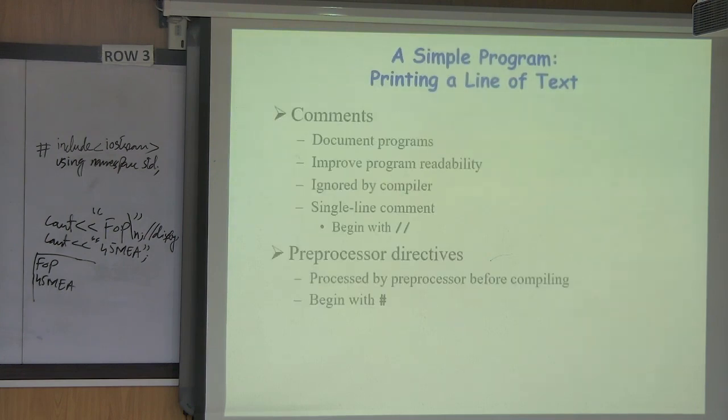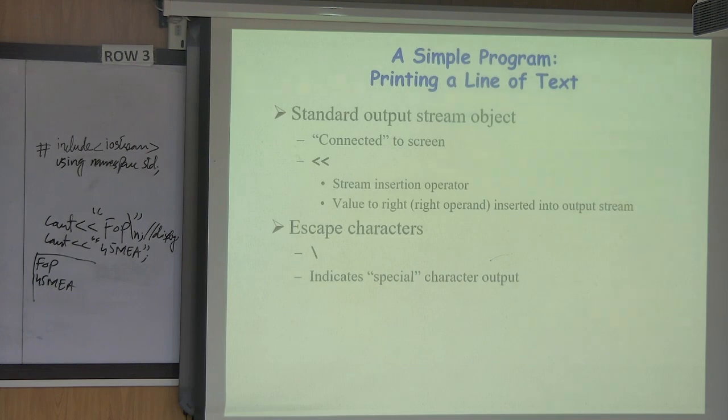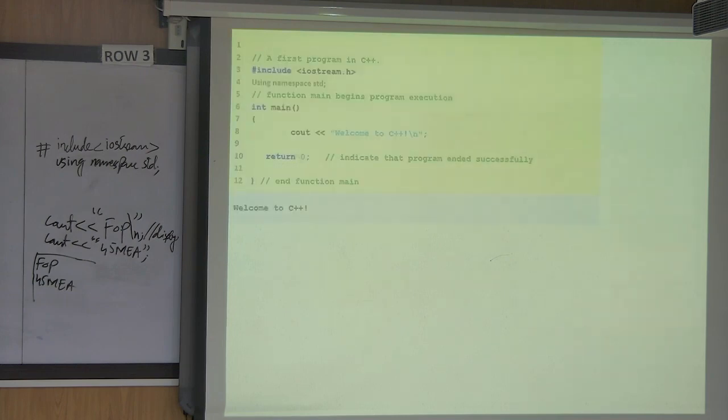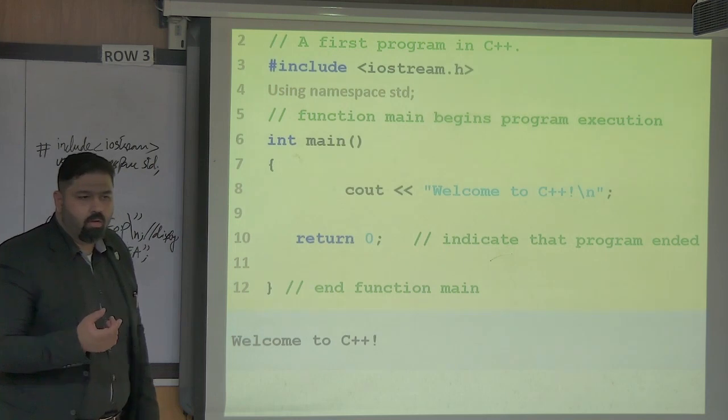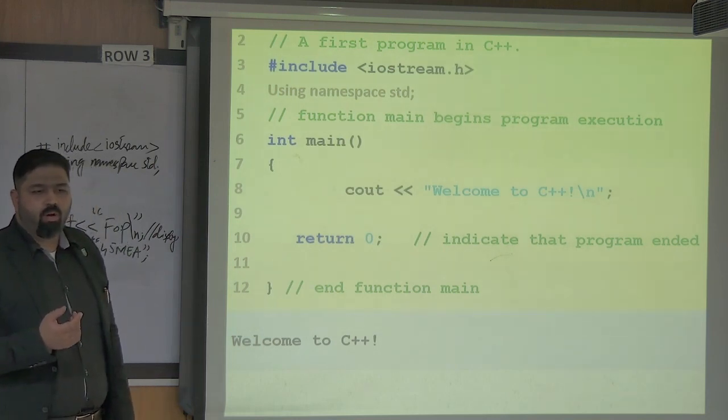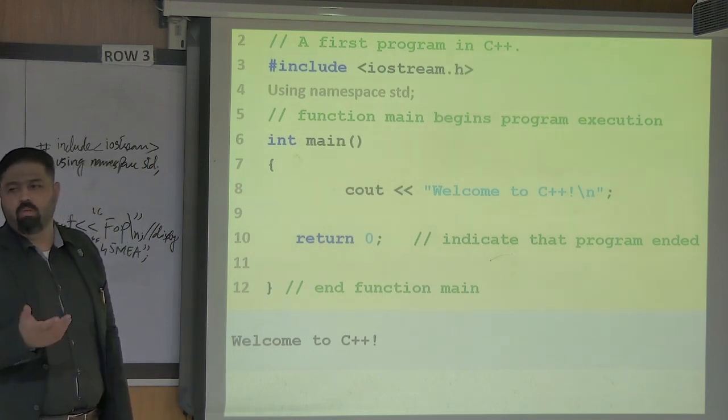cout, cin, preprocessor directives connected to the screen. अच्छा, now I have deliberately written iostream.h. Compiler में iostream से चलेगा, just to indicate something varies from compiler version to version as well.